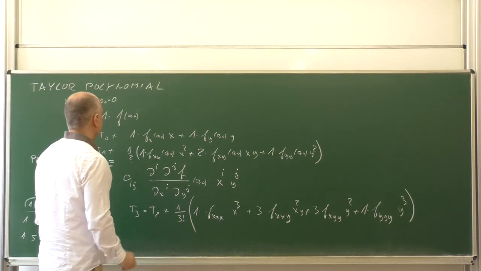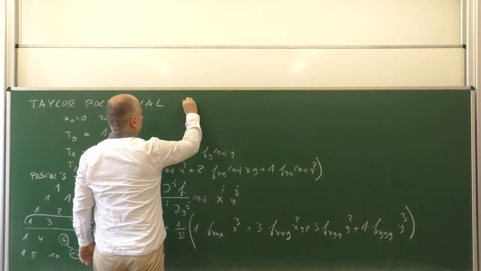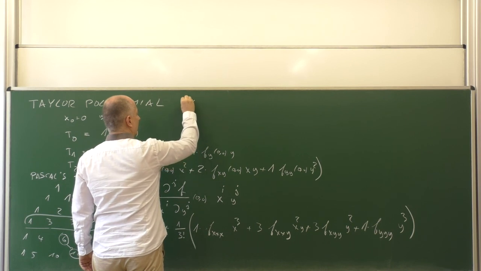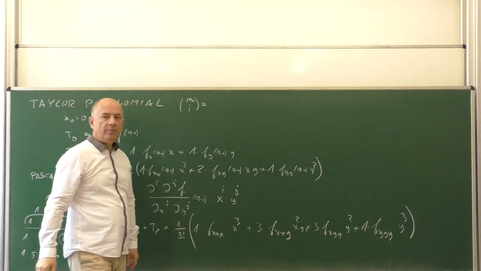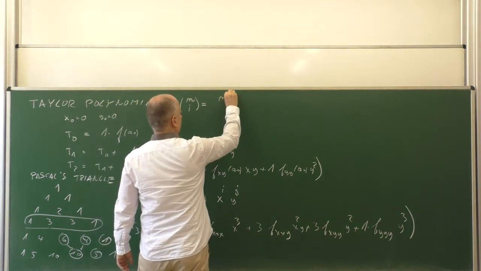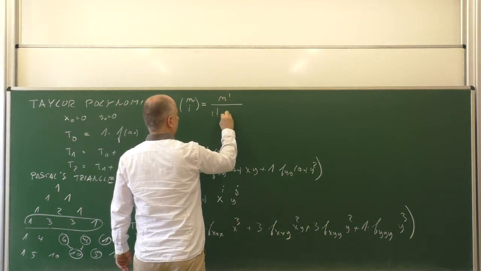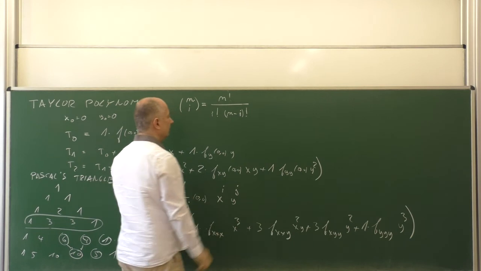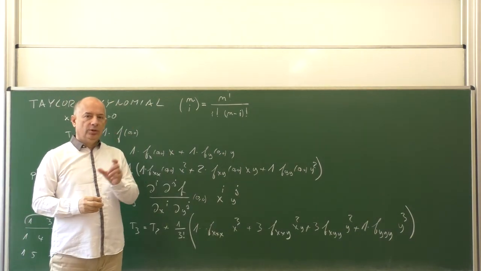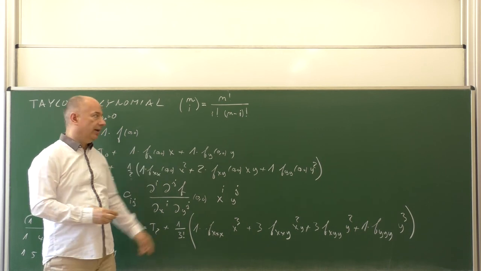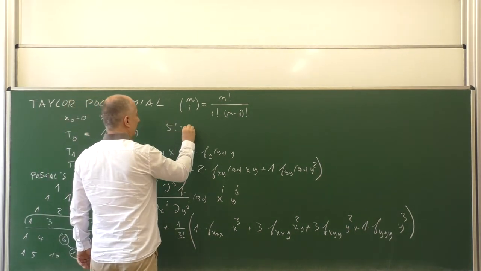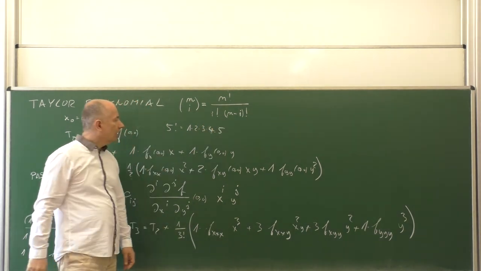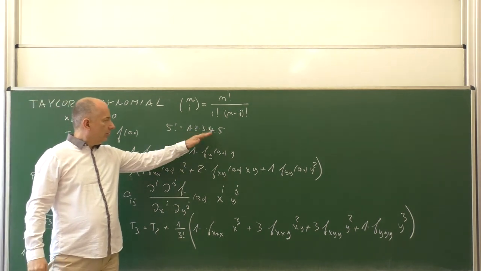The numbers in the Pascal's triangle can be written in the form of a binomial coefficient. n above i is the abbreviation of n factorial divided by i factorial times n minus i factorial. By factorial, we mean the product of positive integers from 1 to n. For example, 5 factorial is 1 times 2 times 3 times 4 times 5, which is 120.